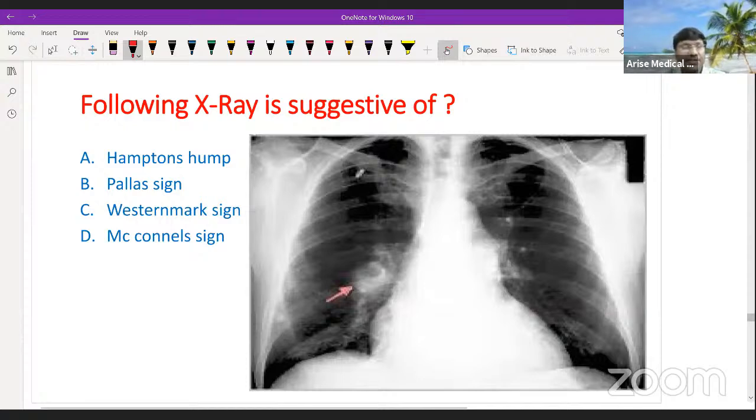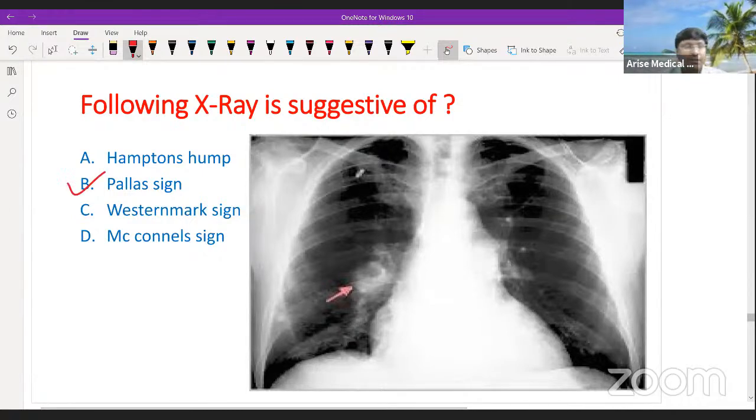What is this particular X-ray suggestive of? Hampton's hump, Palla's sign, Westermark sign, McConnell sign. Right, very good, Madhusri Datta.